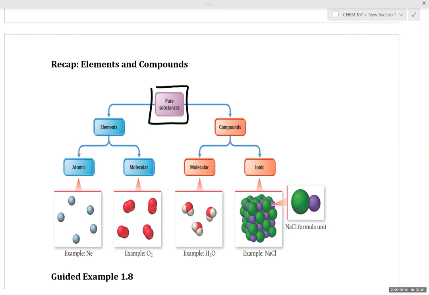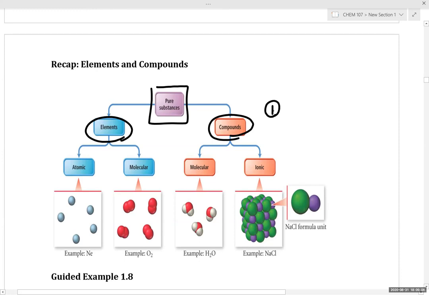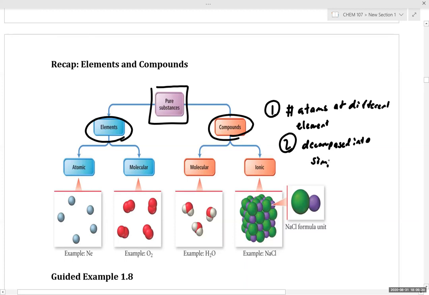Pure substances can be broken down into elements or compounds, with our key deciding factors being, one, the number of atoms of different elements, and number two, whether or not we can decompose that pure substance into simpler elements.